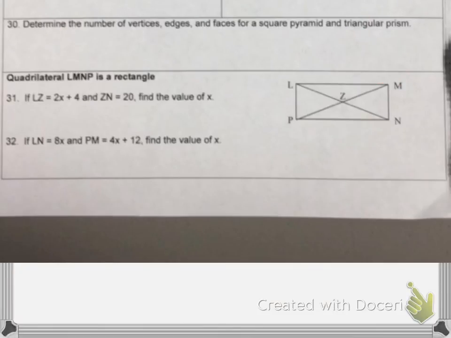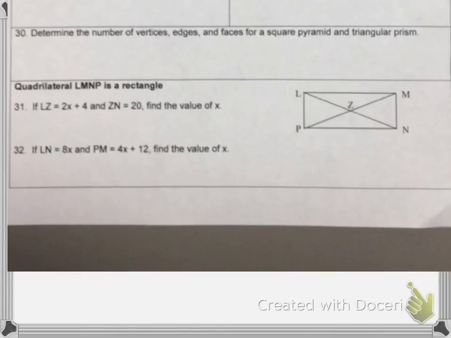Here we are in the last two problems. You're dealing with a quadrilateral, a rectangle here, and you've got to label the sides or whatever they want you to label. In this case, the first problem wants you to label parts of the diagonal. So this is 2x plus 4, and then this one would be 20.